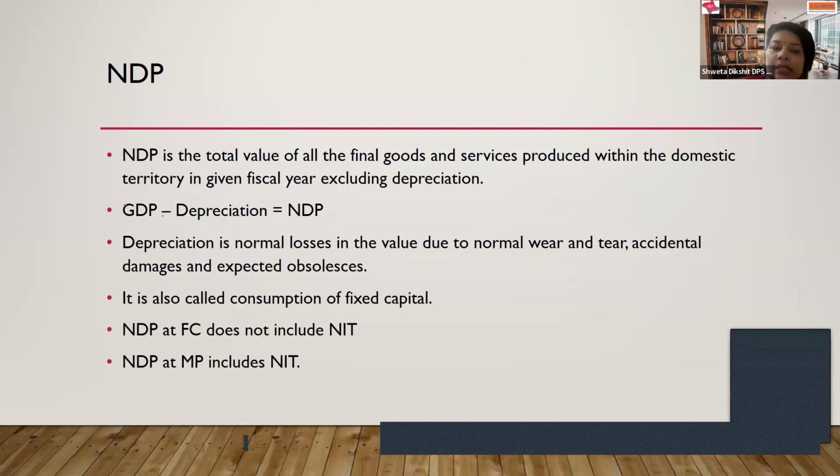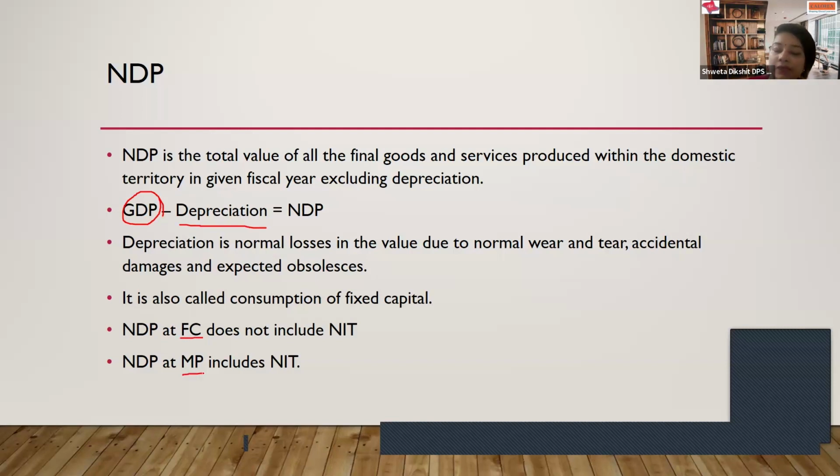See, the basic you will always get is GDP. And now if you have to convert GDP into NDP, the basic difference is of gross and net. For conversion from gross to net and net to gross, it is depreciation. So getting the net value can again be of two types, that is factor cost and market price.